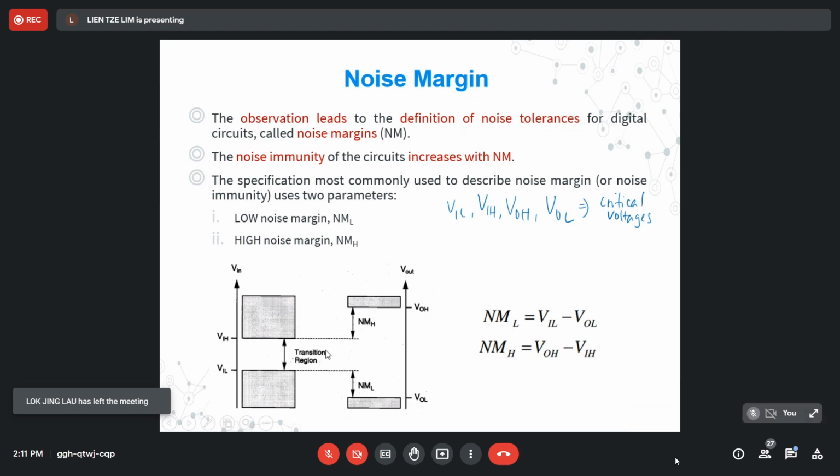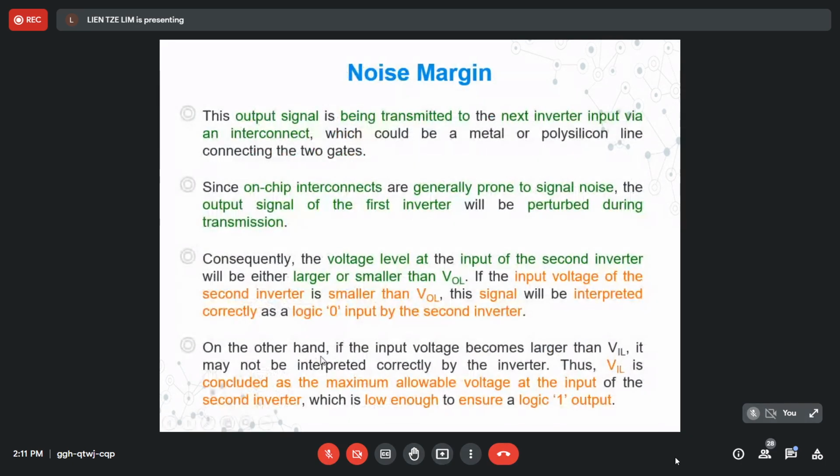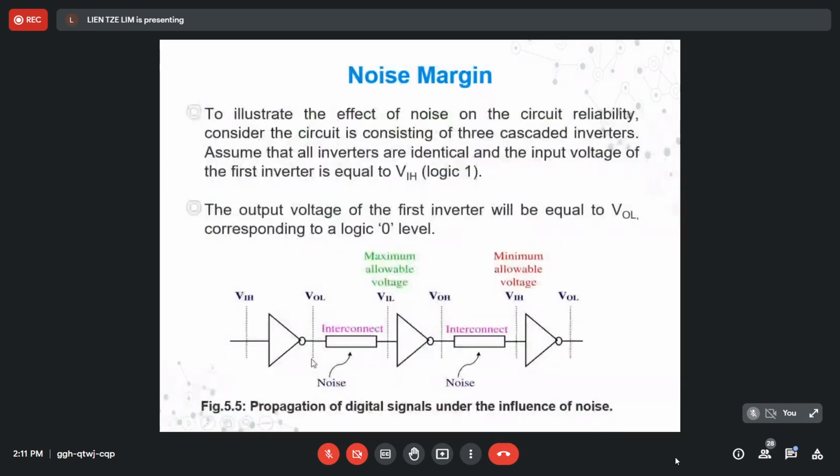We can understand this diagram by referring to the diagram that has three inverters. You see that there is an input and output for each inverter.